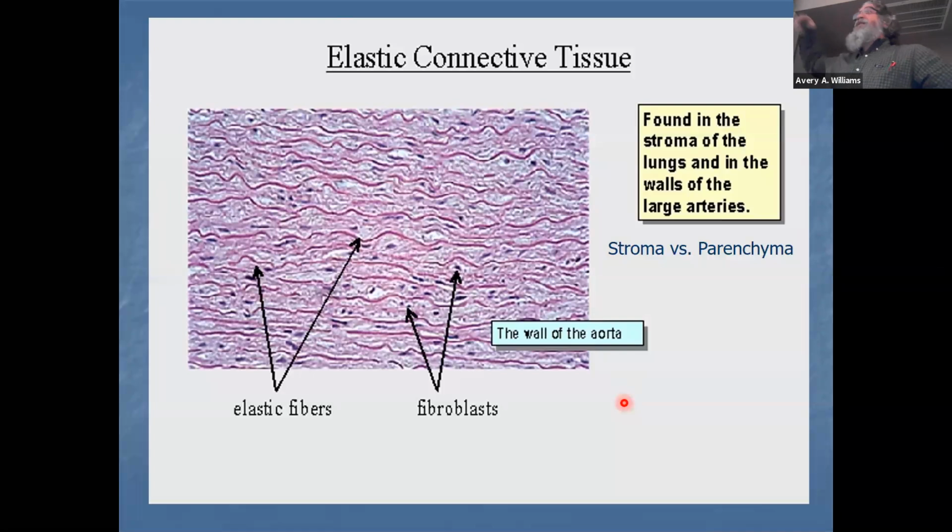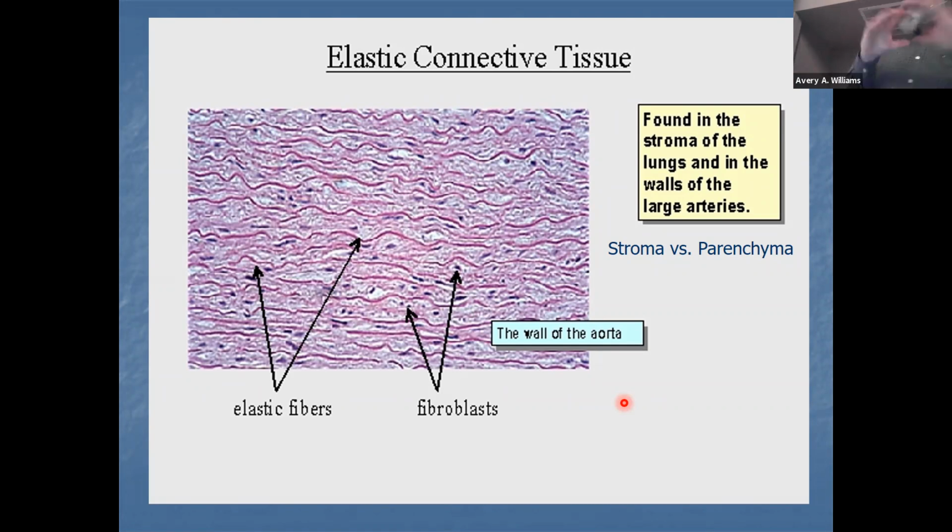Some books go on to even identify regular and irregular varieties of this, but we're not going to do that. We're just going to call it elastic connective tissue. And basically, elastic connective tissue is, to me, barely a connective tissue.